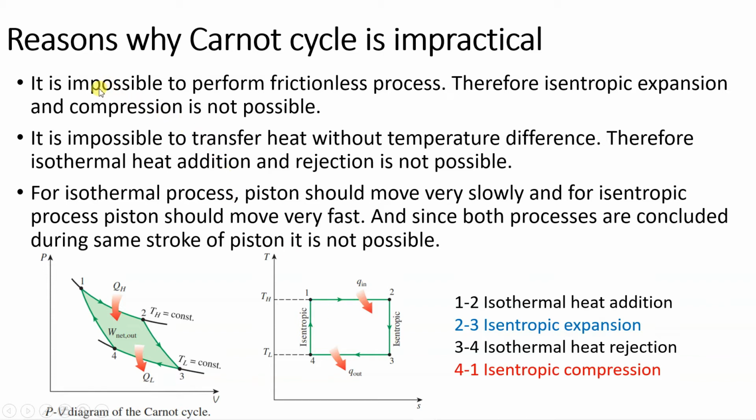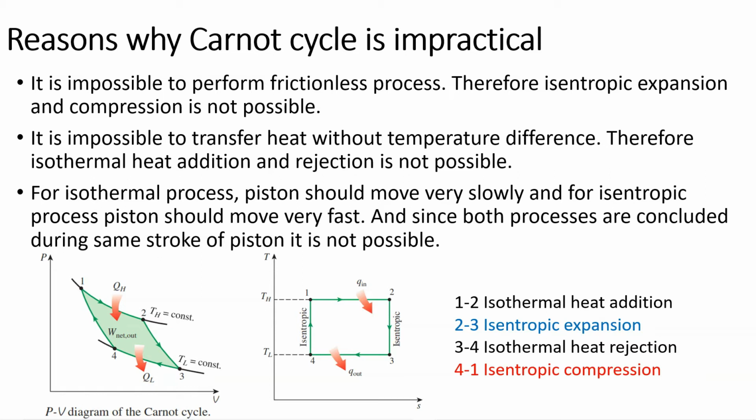One reason why this Carnot cycle is impractical is because it is impossible to perform frictionless process. Therefore, isentropic expansion and isentropic compression are not possible. Then again, process 1 to 2 is isothermal heat addition. So you cannot add heat at constant temperature.